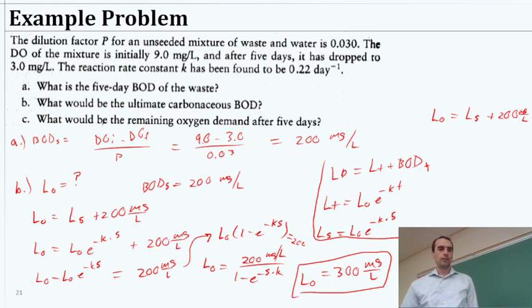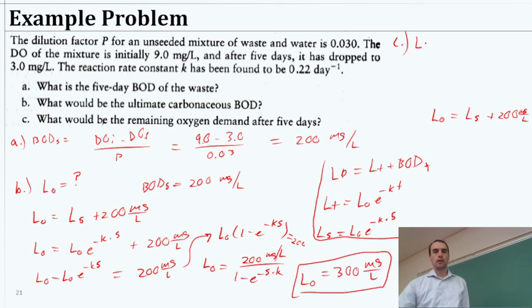And part C says, what would be the remaining oxygen demand after 5 days? Well, we actually sort of solved that by doing this in a sense. We never explicitly solved for L5, but part C is going to make use of this equation here.